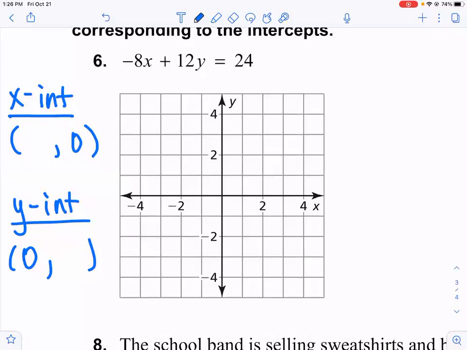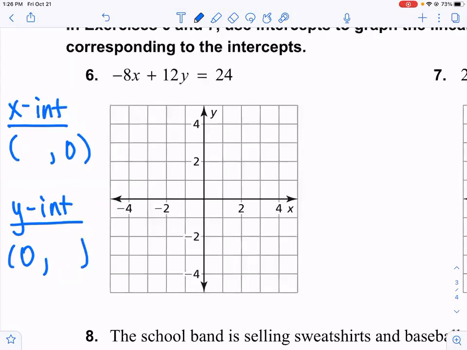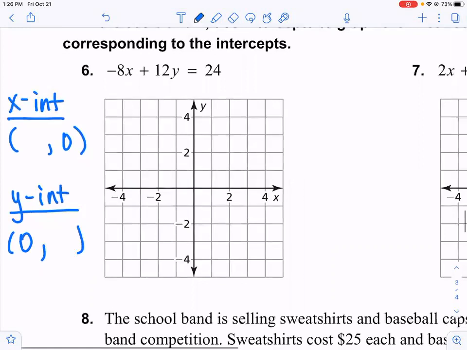Hey, eyes up here. Who thinks they have an idea? Abby, what do you think? Okay, so we know in this coordinate that our y coordinate is 0, right? I know the y coordinate needs to be 0.